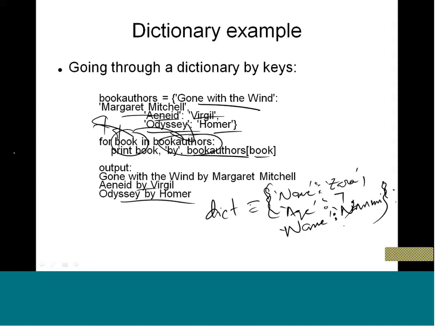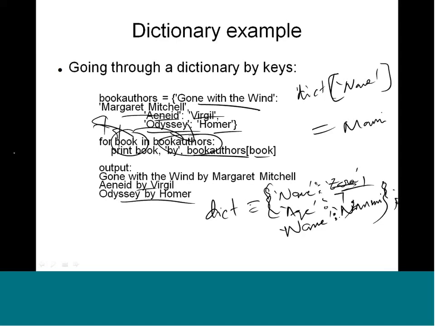Now in this particular dictionary, if you want to print dict in square brackets name, this will always be Manny.